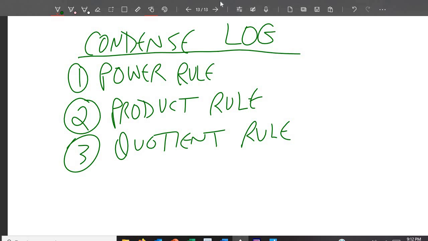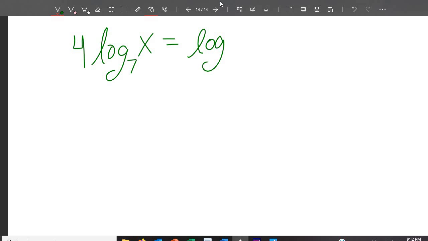Alright. Let's say I had 4 log base 7 of x. And my instructions say to condense. Condense means if there's a number in front of the log, reattach it to whatever you have, a variable or whatever. So put the 4 in front, in this case back as the exponent. That is condensed.